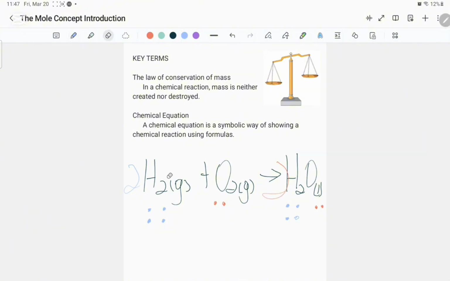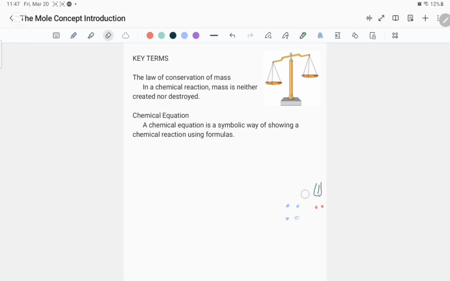Let's look at a few more practical examples before we look at why balancing chemical equations is important in calculating moles. Let's say we have the formation of salt.